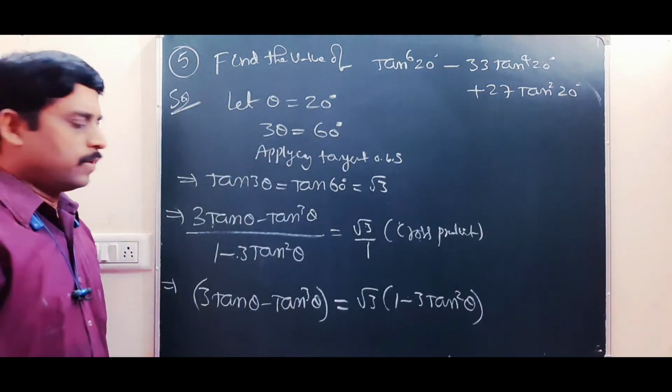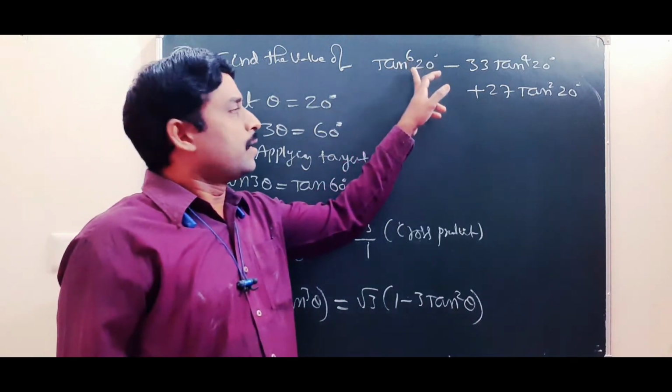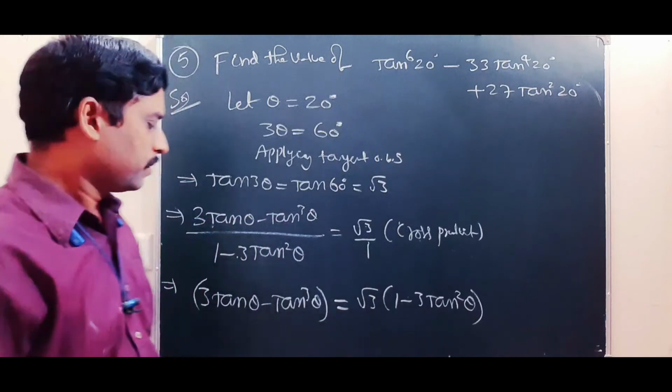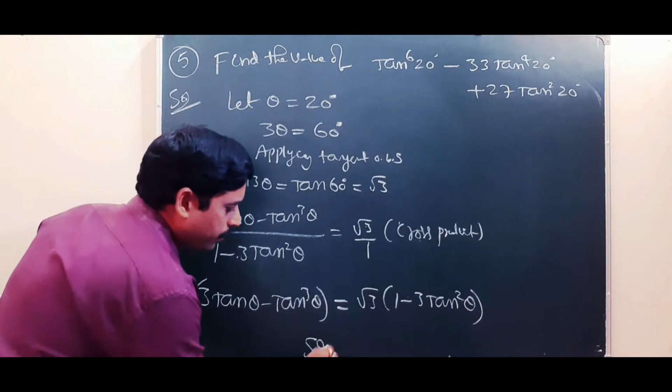Okay, what is the statement? Tan 20 power 6 is given. So now squaring on both sides.